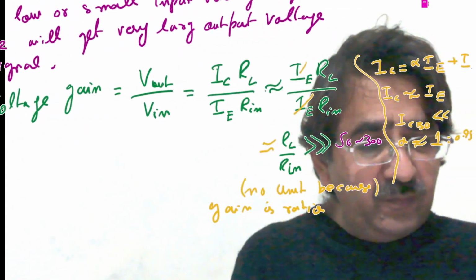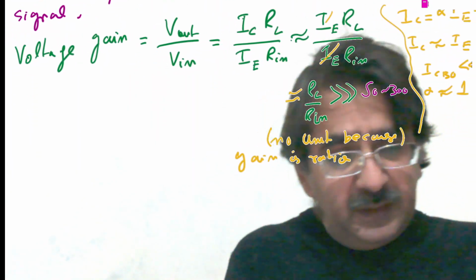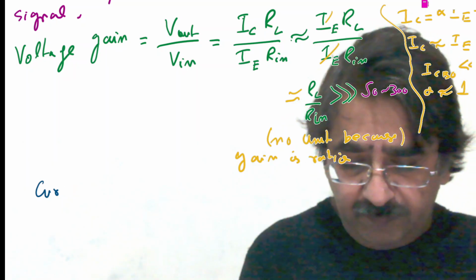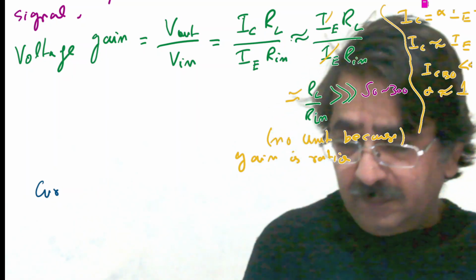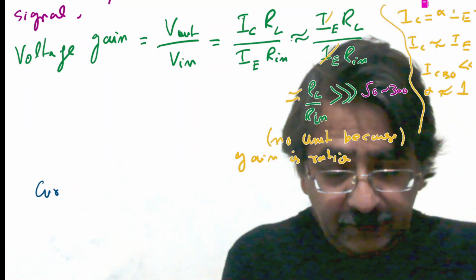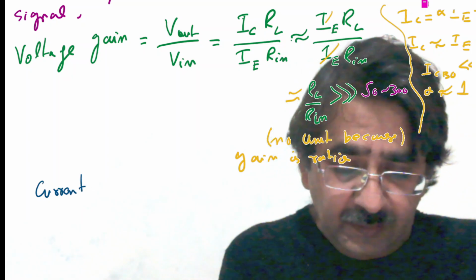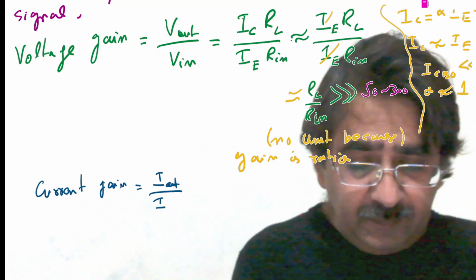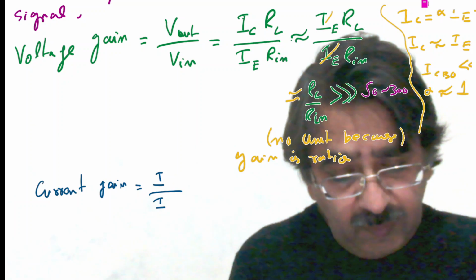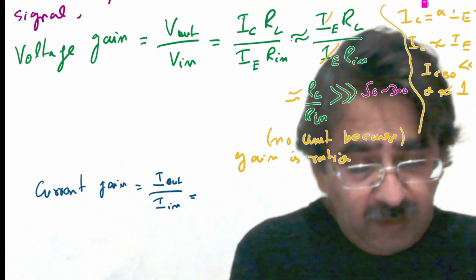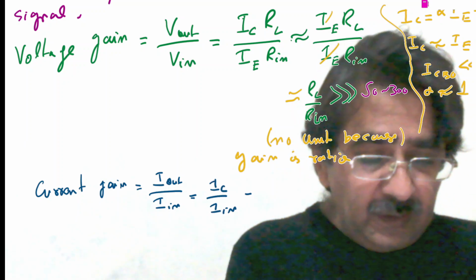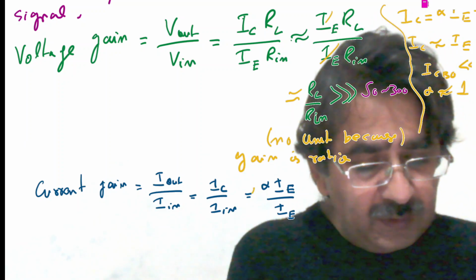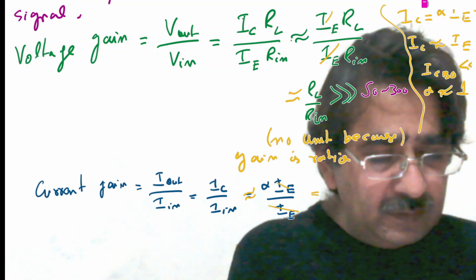So the voltage will be amplified, but if we are interested to measure the current gain, which is I out over I in, I out is IC over IE, alpha IE over IE, and approximately, okay, not exactly, this will be cancelled.